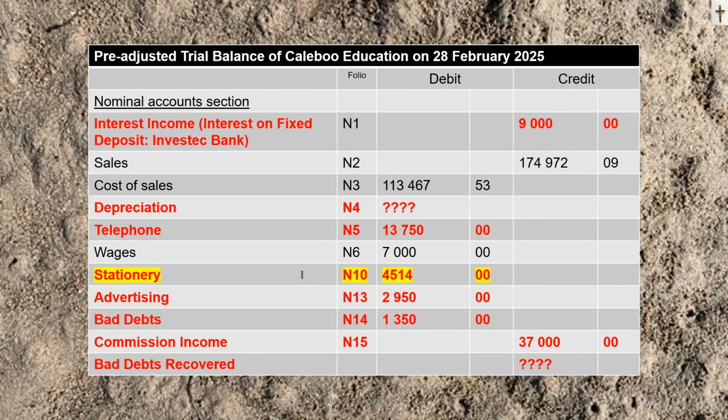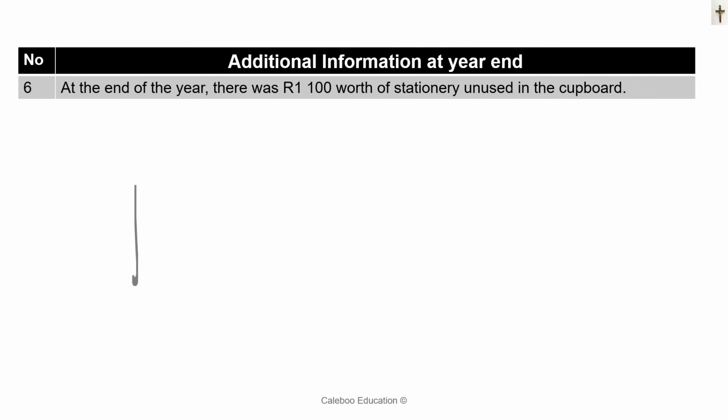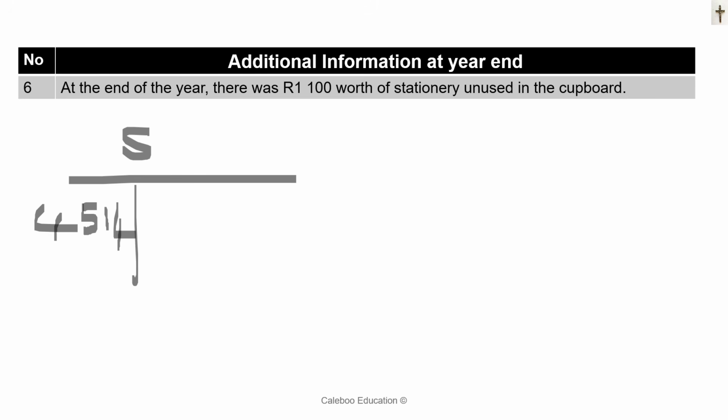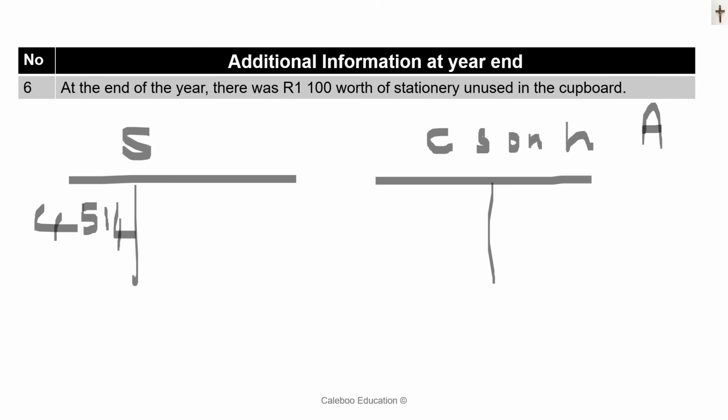And the stationery, remember that, 4514. Now we need to do the workings, and we've got your stationery 4514 from the pre-adjusted trial balance, and the contra account is consumable stores on hand, which is an asset, and the amount that was left over is 1,100. We're going to show that as an asset.